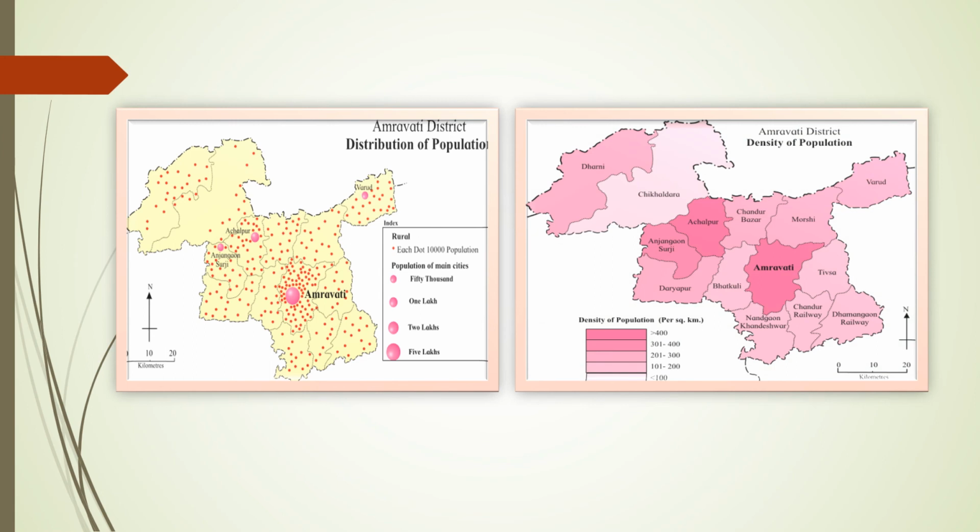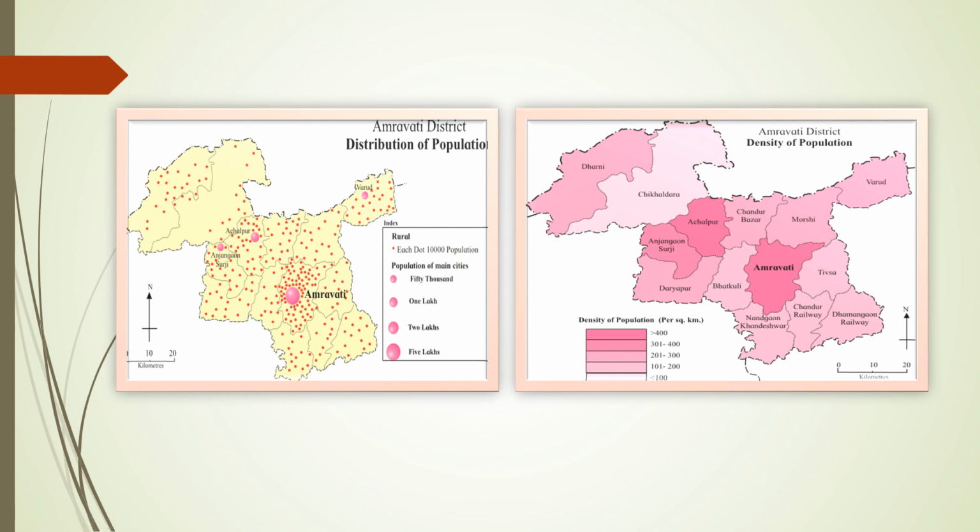Let us compare dot method and choropleth method. So this map is prepared with the help of dots, and this map is prepared with the help of color. The variable is the same here.